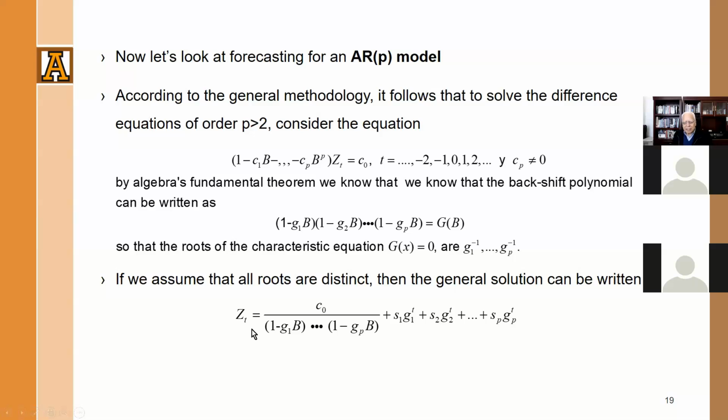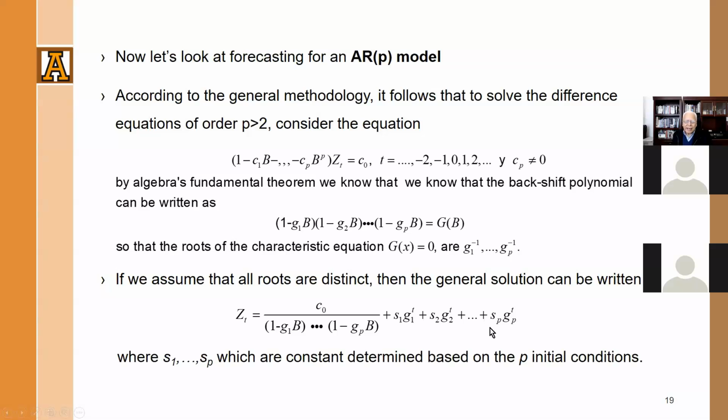I can write the general solution of this equation as Zt equals z0 plus s1 g1 to the t plus s2 g2 to the t, up to sp gp to the t, where s1 up to sp are constants which are determined based on p initial conditions.